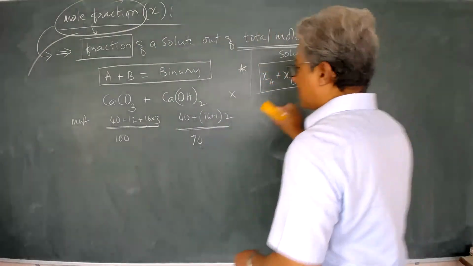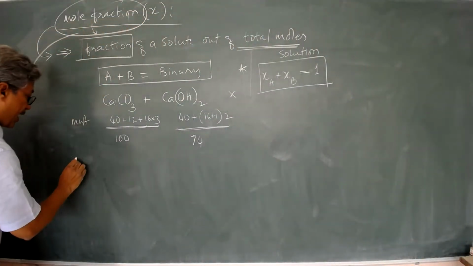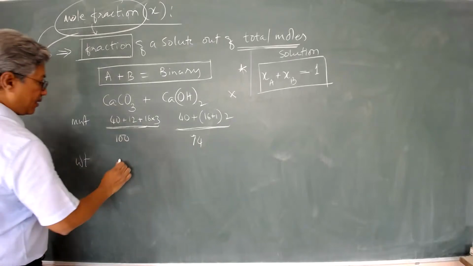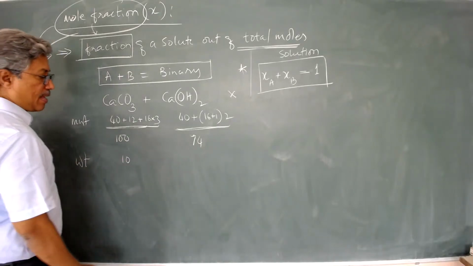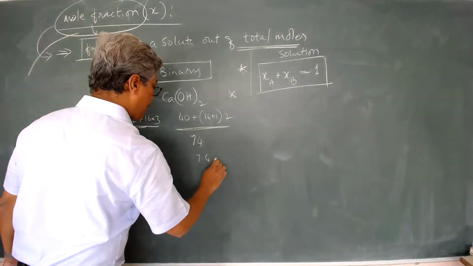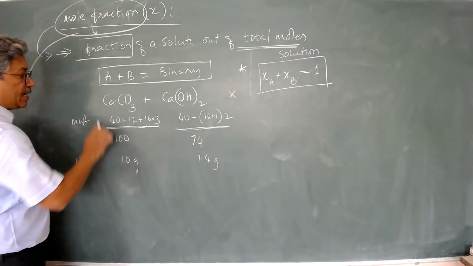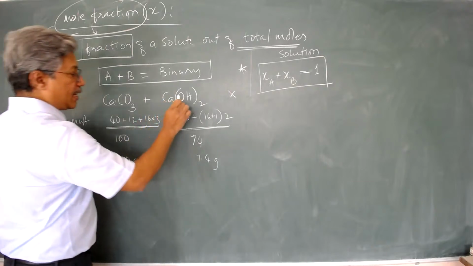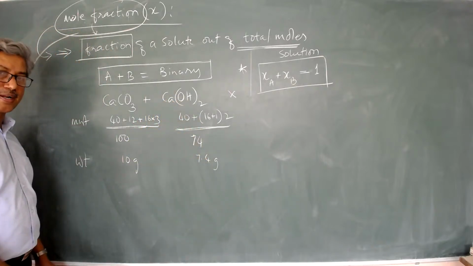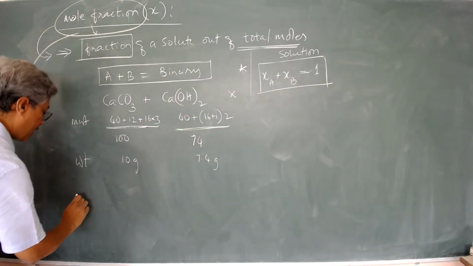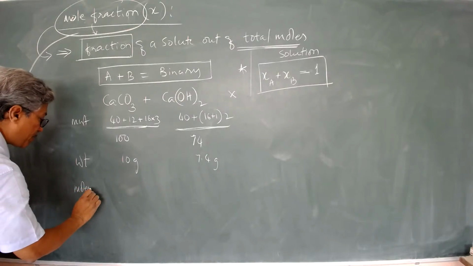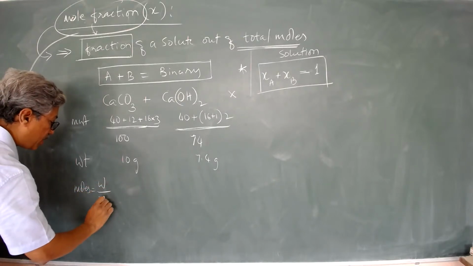Okay. Then suppose we take weights as, say, 10 gram and 7.4 gram. This means we have taken 10 gram of limestone and 7.4 gram of calcium hydroxide. Then their moles will be equal to weight divided by molecular weight.